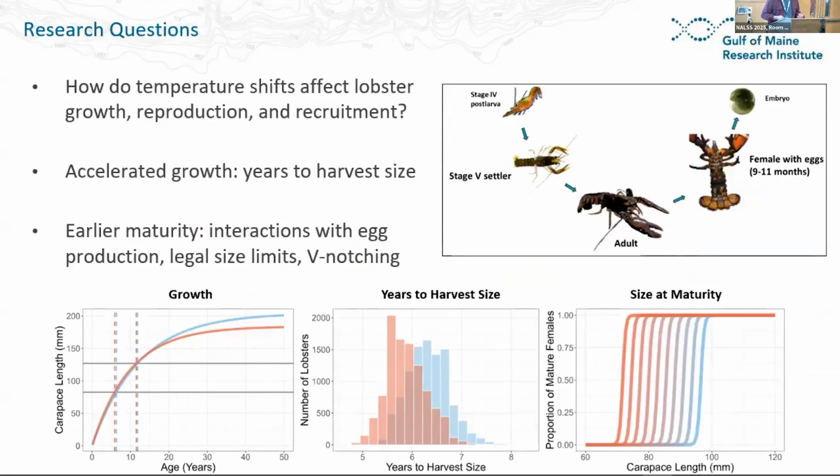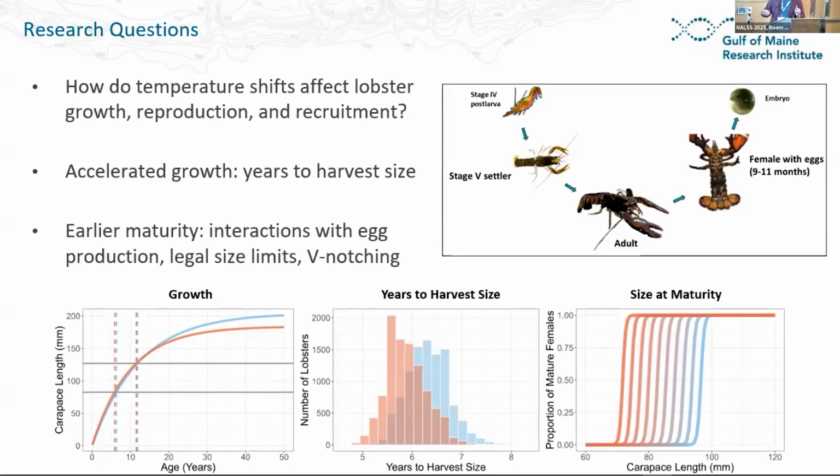Some of the research questions and particular mechanisms that we're looking into are all based around temperature. So we have growth, reproduction, and recruitment. Here's the growth model that we're working with. We're assuming a continuous von Bertalanffy growth model, recognizing that lobsters molt and don't actually grow like this, but with an ambitious project, you have to choose between simplicity and complexity.